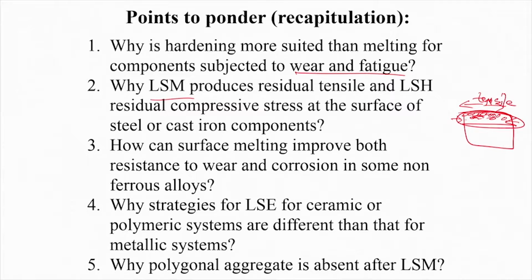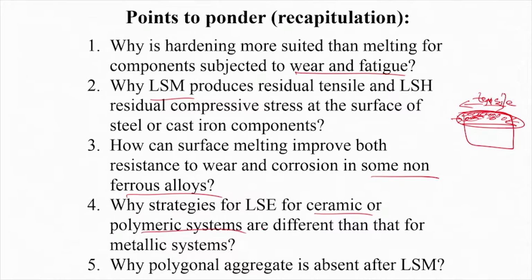And this kind of grain refinement is beneficial. So this is what we demonstrated in case of magnesium alloy, but it can be useful to other non-ferrous systems as well. In case of ceramic and polymeric materials, these approaches don't actually work.